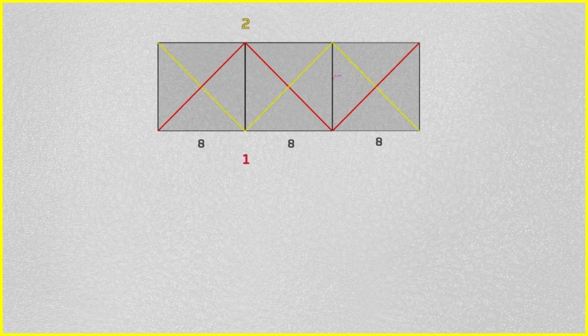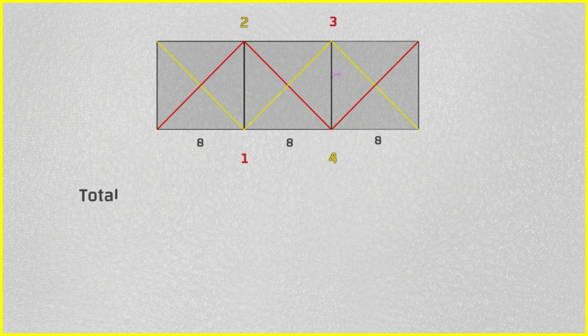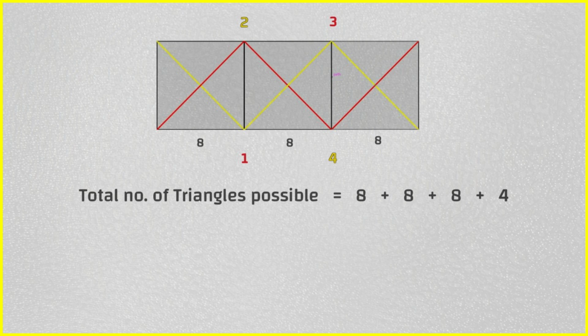And in this case, there are 2 intersections formed in this figure. So the number of additional triangles formed in this case will be 4. And thus the total number of triangles possible in this figure is 8 plus 8 plus 8 plus 4, which is equal to 28 possible triangles.